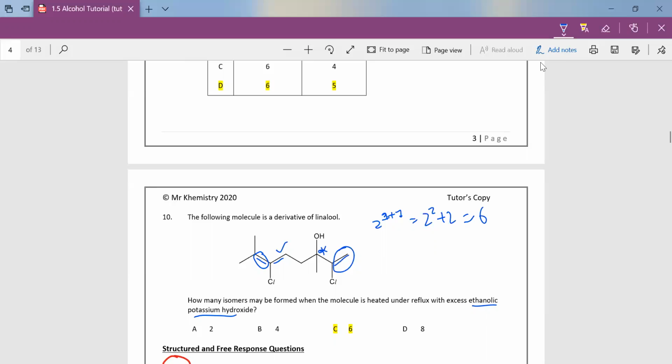So the total is 6. If you are in doubt, please draw out the isomers to check.